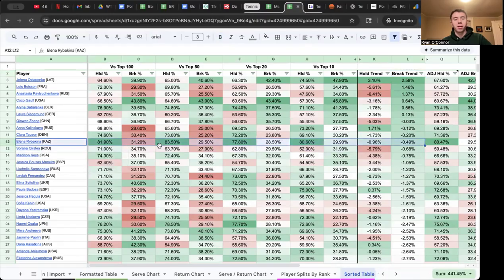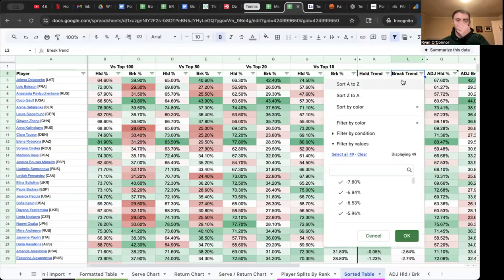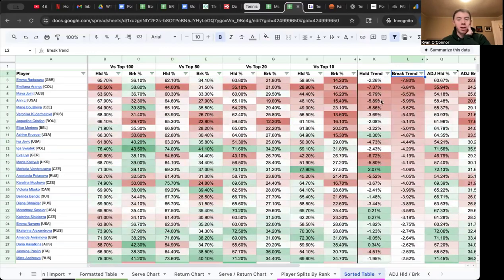She's breaking at give or take 30% of the time against anyone. So that's kind of nice to know because she's the best server. So you have some understanding of how she's going to play regardless of her opponent. Then the opposite way, Raducanu here actually goes down.